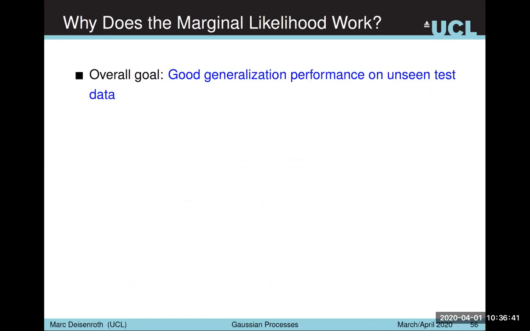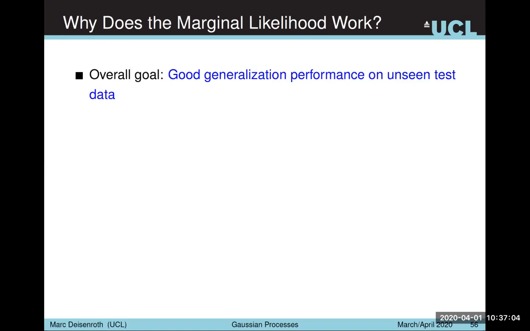So I also wanted to recap a bit more on why the marginal likelihood seems to be working. Starting from early on today, we were talking about generalization performance on unseen test data.